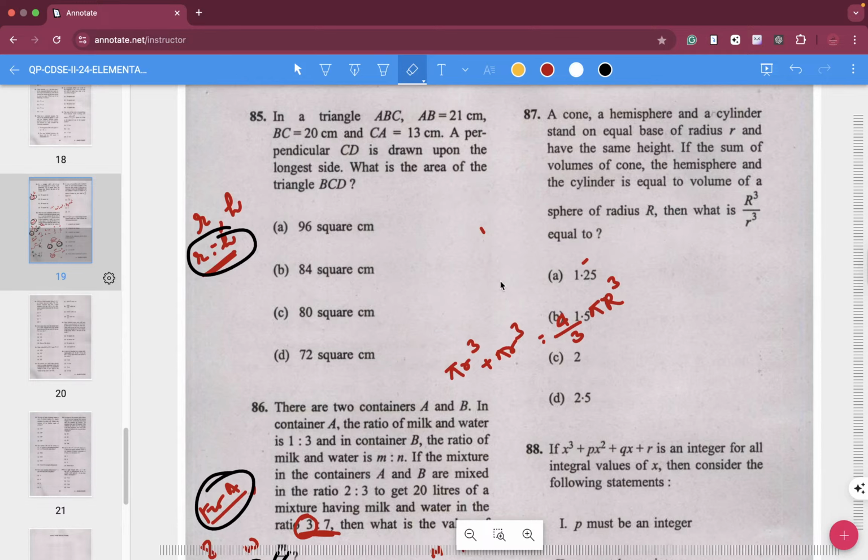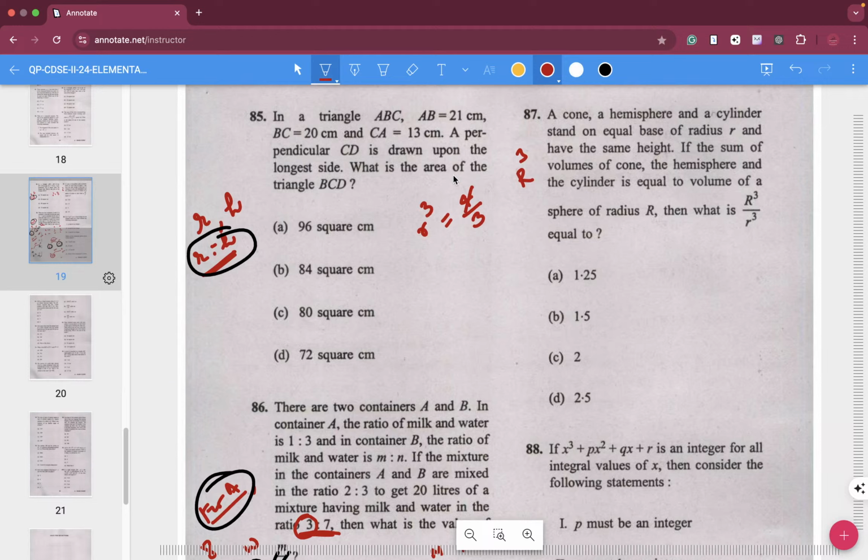So now let me make some space. I can write 2 times pi r cube is equal to 4 by 3 pi into capital R cube, just rearranging. Pi is gone from here and here, and 2 is gone from here.